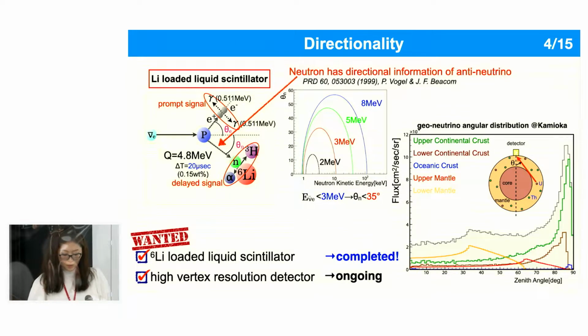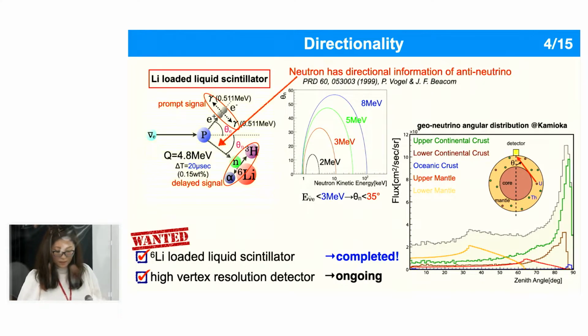So if we can capture this neutron quickly, we can identify the direction. We achieved this with a special exchange radar containing lithium-6, because it has a huge neutron capture cross section, so it can quickly detect a neutron.